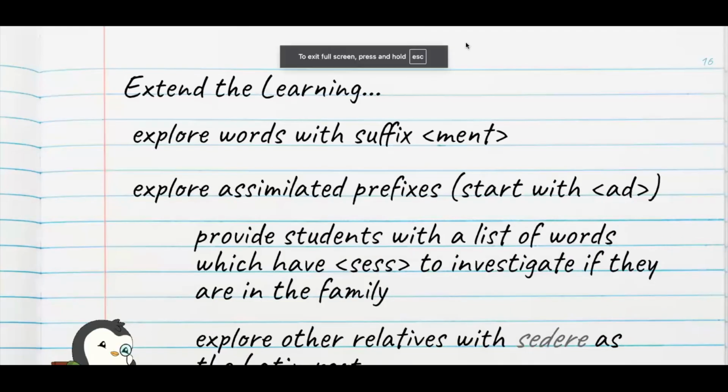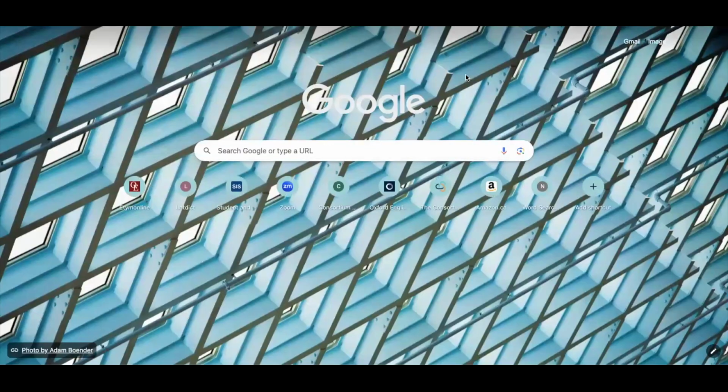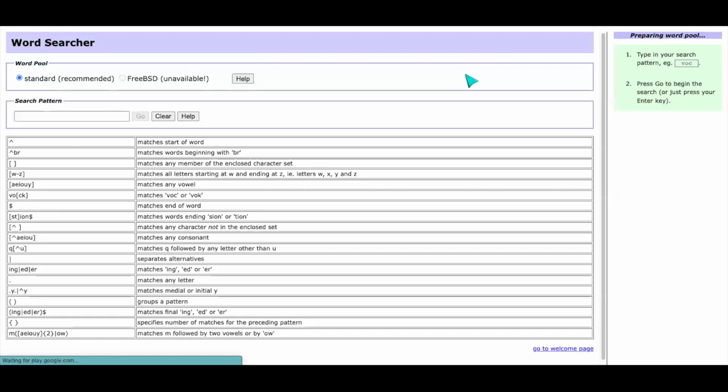So the other website that we use quite often is called Word Searcher, and it's the same guy that developed the Mini Matrix Maker. And essentially all this is looking for is spelling patterns. So just because it comes up in the list doesn't mean all these words are related. It just means that these letters fall in this order in these many words.